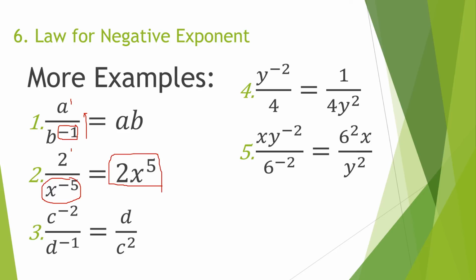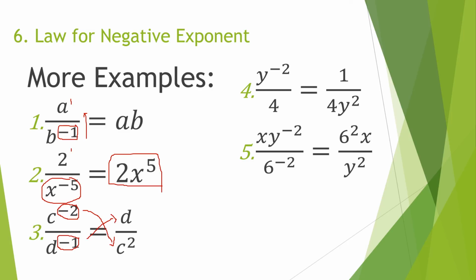For number 3, we have c raised to negative 2 and d raised to negative 1. Since the exponent is negative, for it to be positive, it must move to the denominator. So we have c squared. And then the exponent of d is negative, so for it to be positive, it has to move to the numerator.